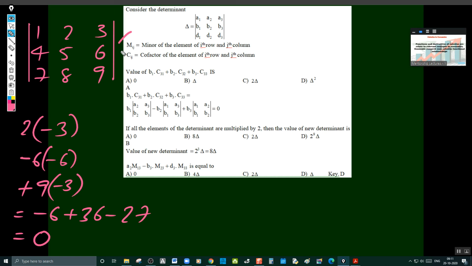Means I have taken a known determinant here, so that I can check it out. If you take whatever numbers you like, then you have to find out the determinant again. That's the reason why I have taken a known value of the determinant, and finally I got 0. Okay.